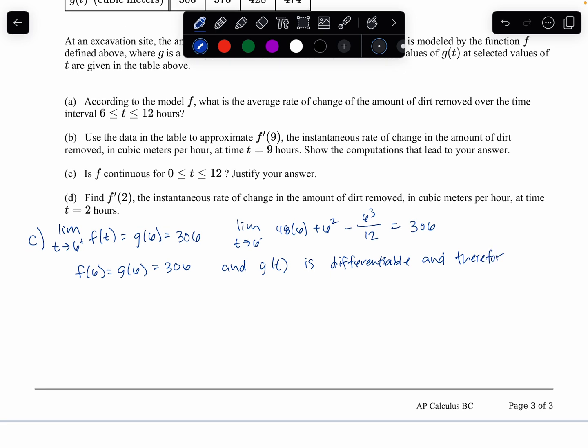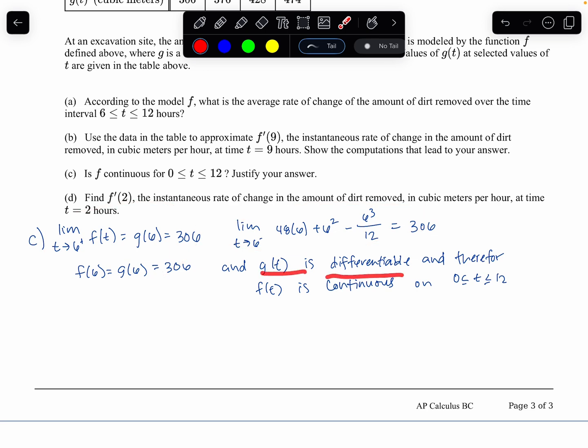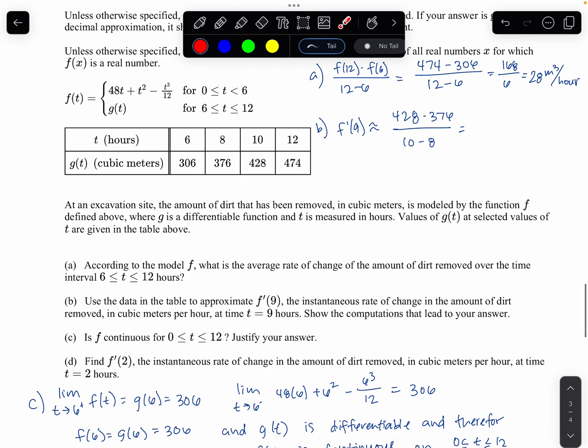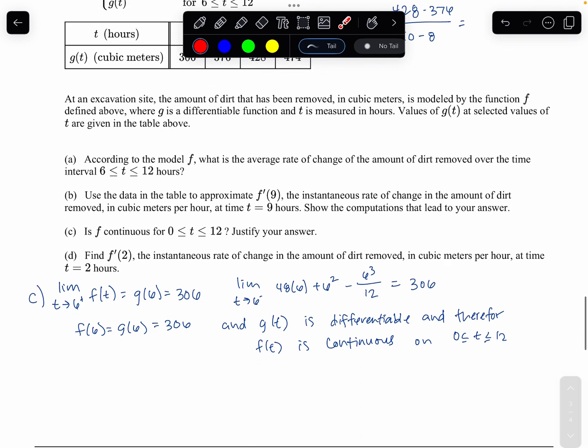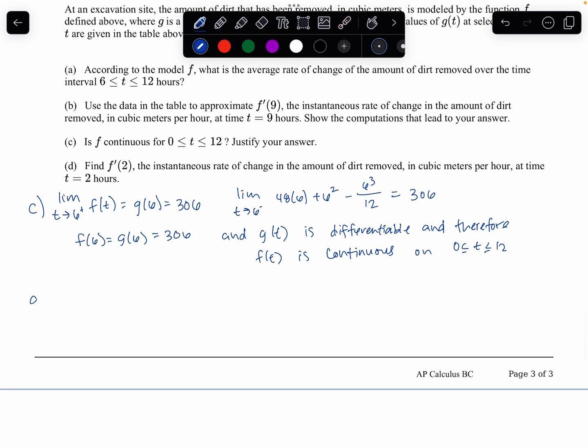And therefore, f of t is continuous on 0 to 12. We prove that we're continuous at 6. We know that g of t is differentiable. So that means we're continuous on this interval right here, and you should probably state that. We're differentiable, therefore we're continuous. Okay, so that should cover C.